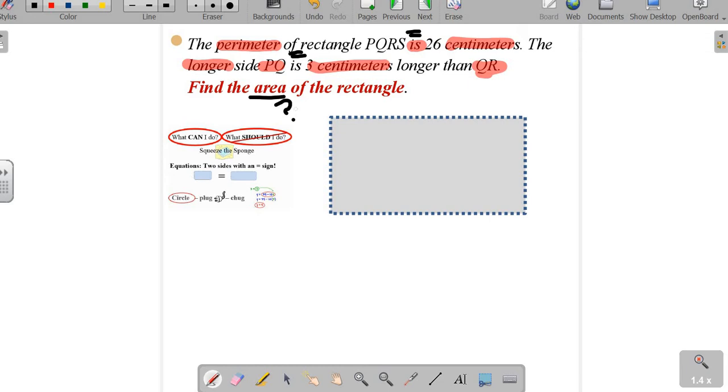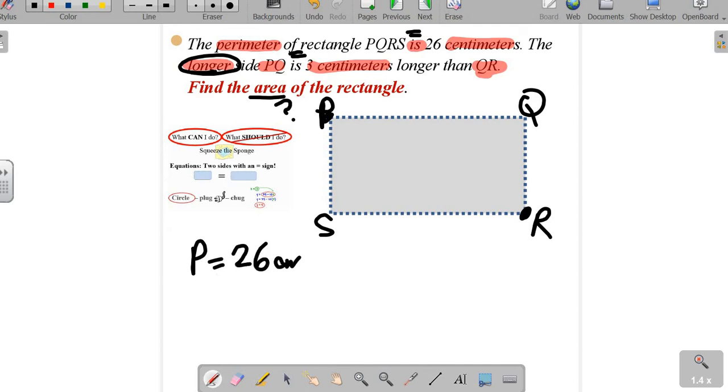Ready? We're going to draw, label, list, cross out. We're told the longer side is PQ, so I'm going to start my P here. Okay, as you account for items, I have a rectangle, I've labeled it, the perimeter is 26. Now, length is the longer side, width the shorter.